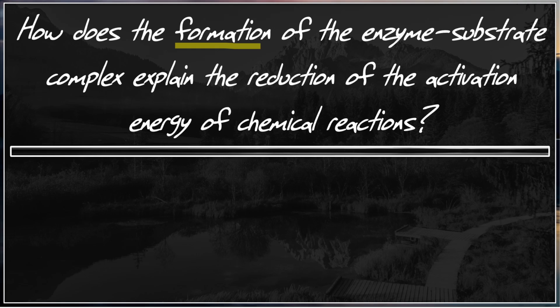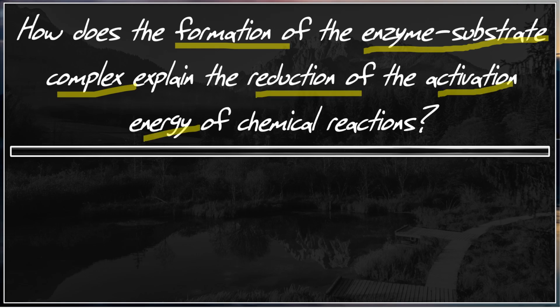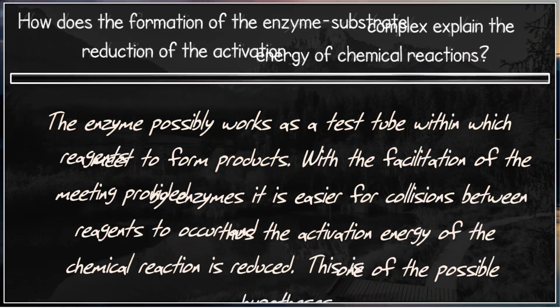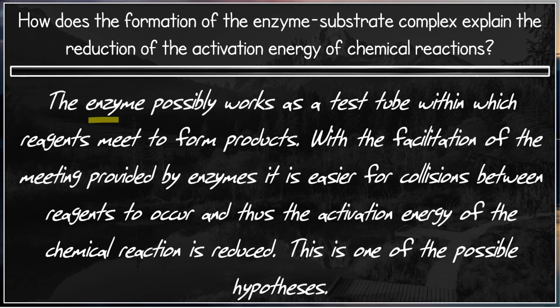How does the formation of the enzyme-substrate complex explain the reduction of the activation energy of chemical reactions? The enzyme possibly works as a test tube within which the reagents meet and form products.